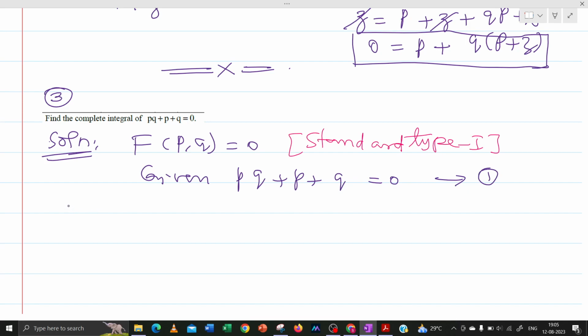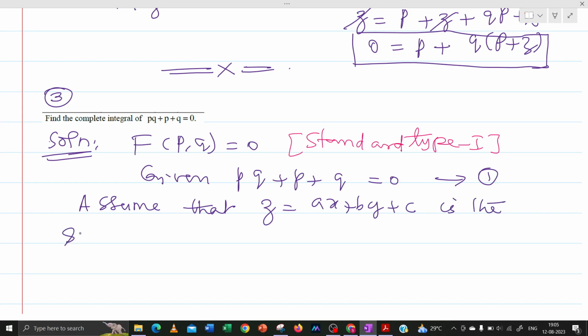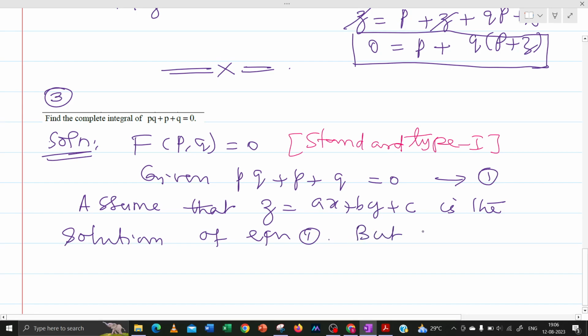How to write the answer for this? You can assume that z equal to ax plus by plus c is the solution of equation 1, but it is not the complete integral.